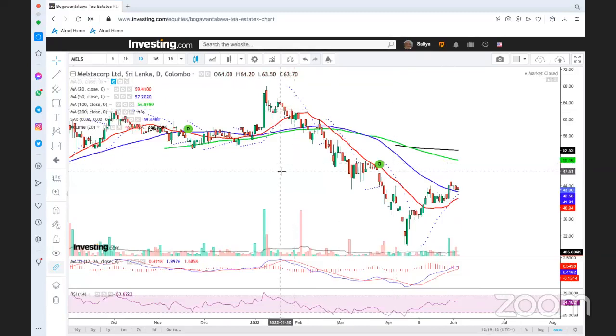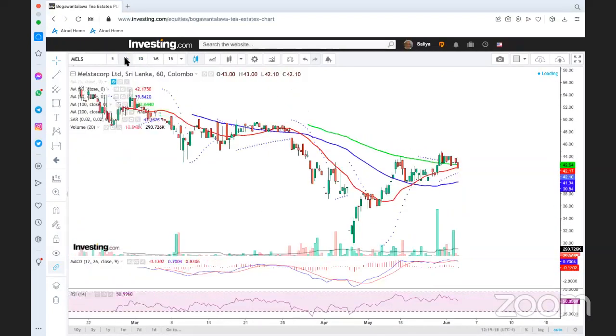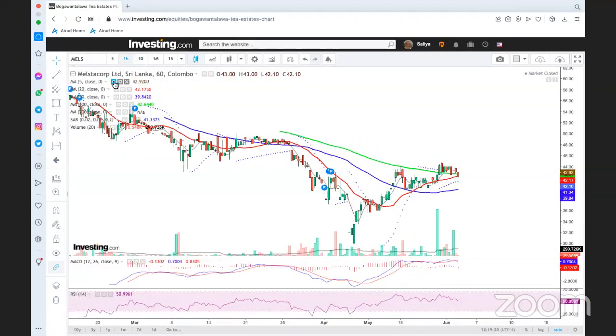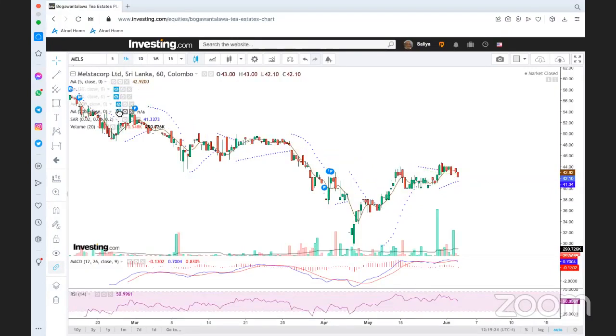But of course, if you want to take a trade on this, then you can go to the 1 hour chart and check how the trend is forming. The 1 hour chart is bearish on the MACD.